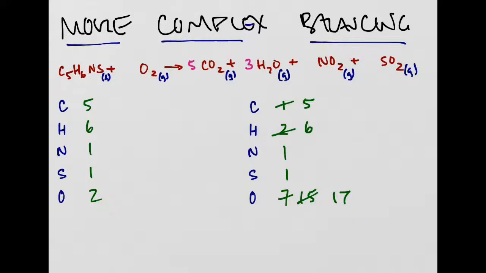Nitrogen and sulfur we don't really have to do anything about, because we have the correct number of nitrogens and the correct number of sulfurs on both sides of the equation. So now everything here is okay. The only thing that's not okay is the number of oxygens. I have 17 oxygens on my product side and only 2 oxygens on my reactant side.